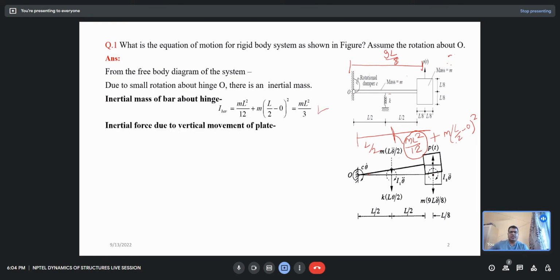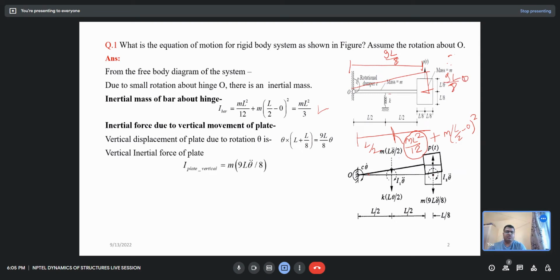Now the inertial force due to the vertical movement of the plate, or you can say block, whatever you want to say. Due to theta rotation, the vertical displacement, which I have told you, is 9L by 8 into theta.